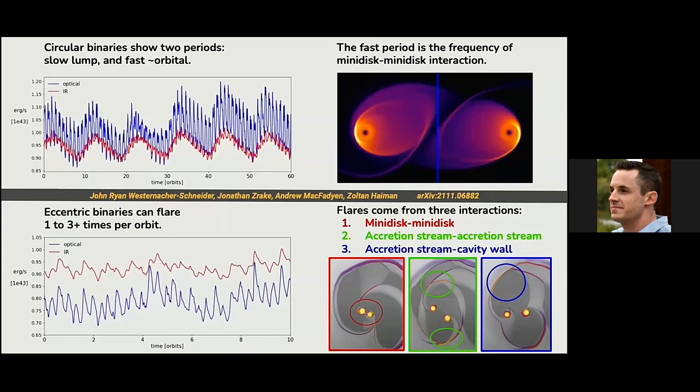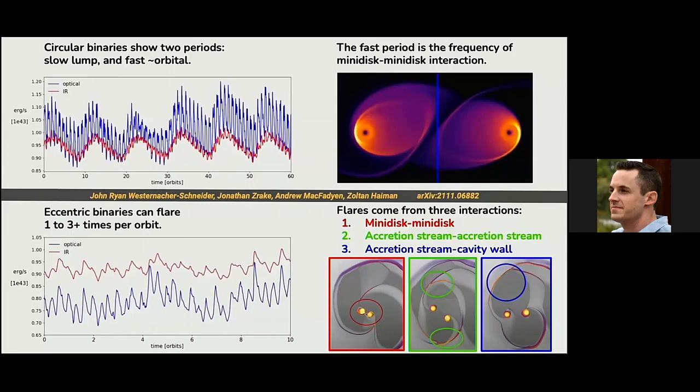Here I'm saying optical and infrared. You don't need to take that too literally, because you could scale the binary parameters to change what bands exactly these are. What you should think about is that the lower energy bands come from larger radius. So you can see that in lower energy bands, you still have a strong lump period, that's the red curve up top.